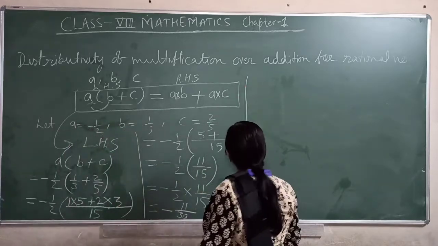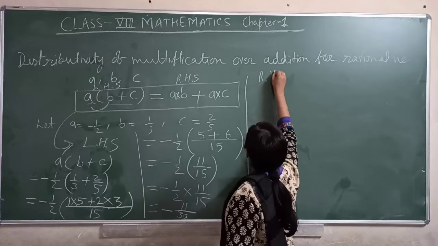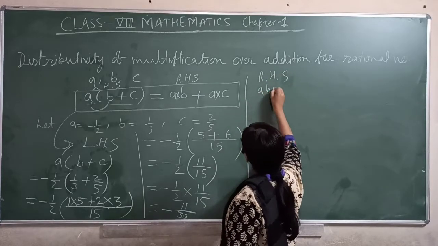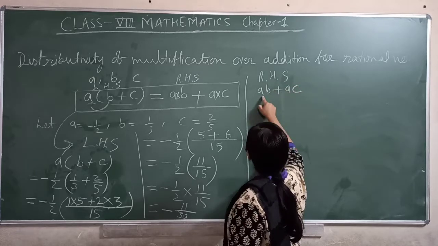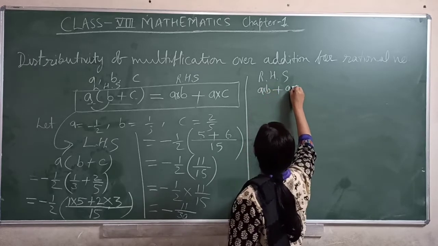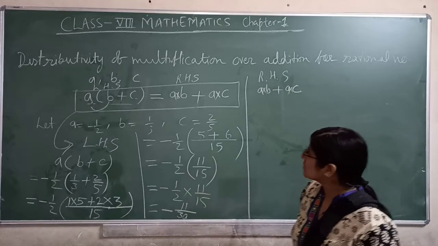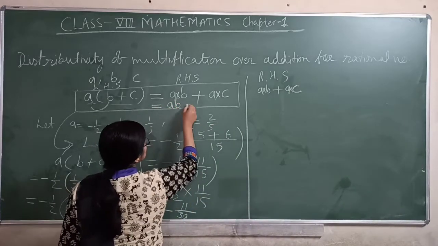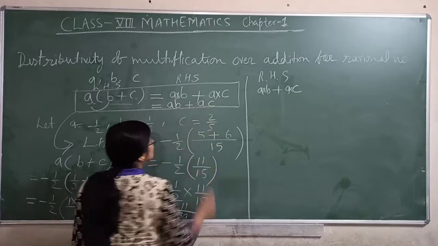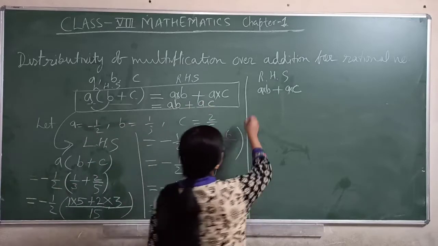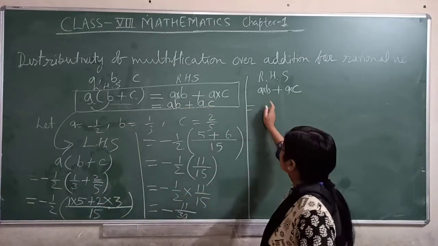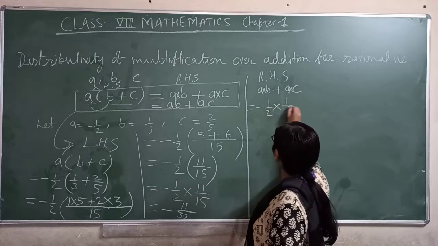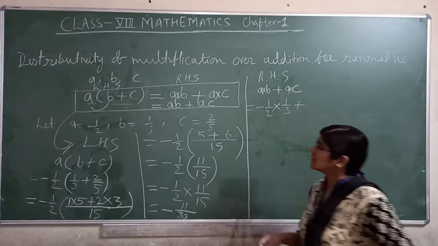Now we will check the right hand side. Right hand side is AB plus AC, A into B plus A into C. You can simply write this one like that also. AB means A into B plus AC means A into C. So the value of A is minus 1 by 2 and B is 1 by 3 plus.